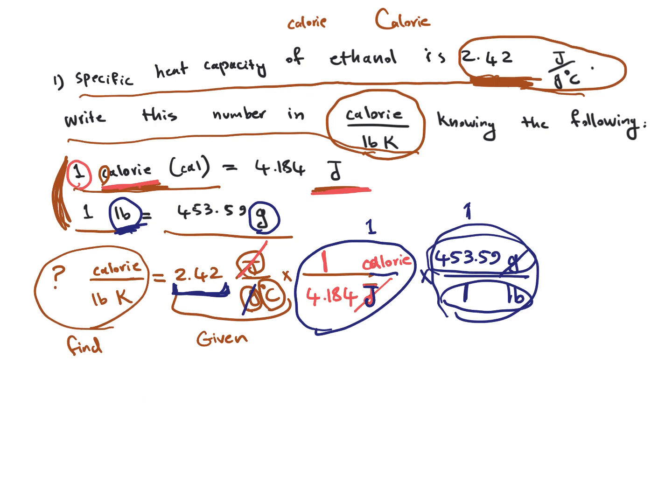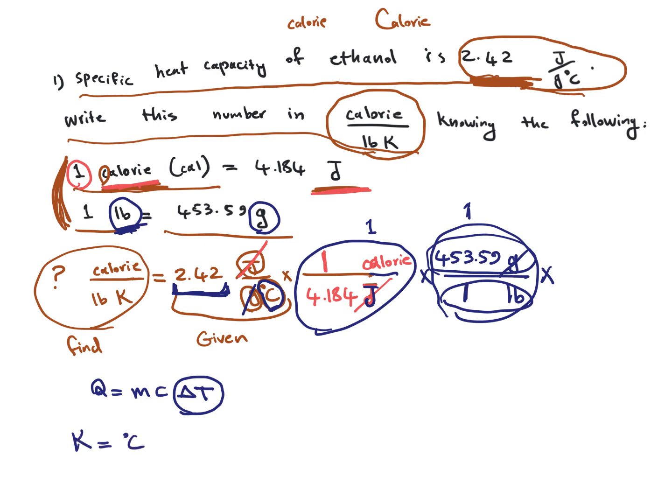Okay. Now here is the part that can be tricky to some of you or anyone who doesn't know this. Degrees Celsius: remember, in the heat equation, m C delta T, we have a difference in temperature. If I have a number in Kelvin and I want to convert it to Celsius, remember what it was?